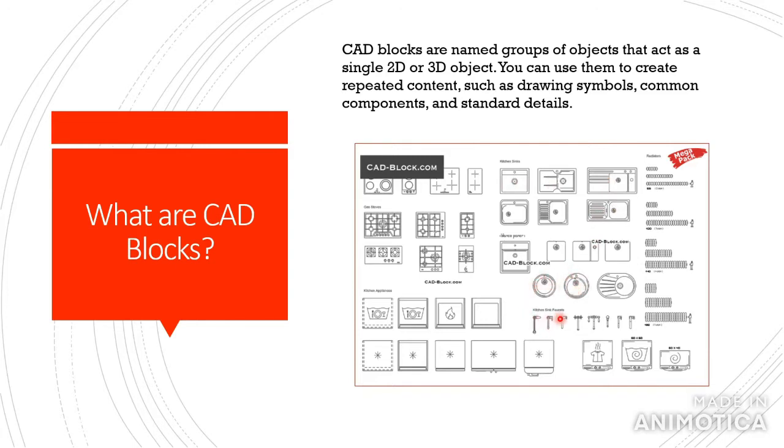All these individual pieces are called blocks, and these blocks are what you put into your floor plan drawing or your detailed drawing. You can use blocks to make your work go faster, so you don't have to create all of them for every drawing that you do.